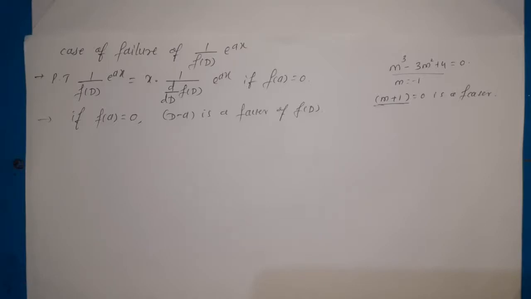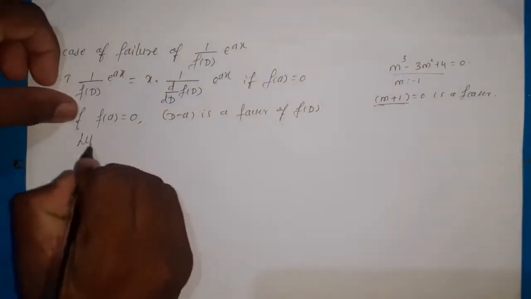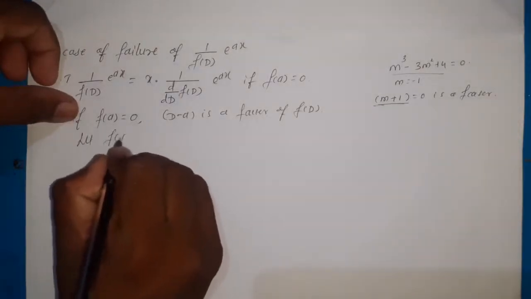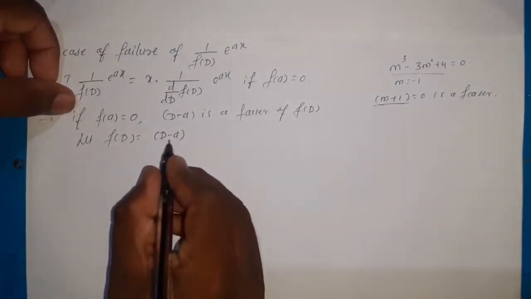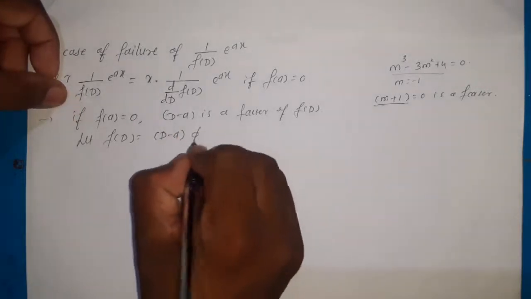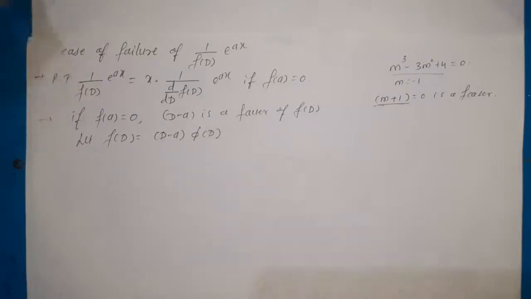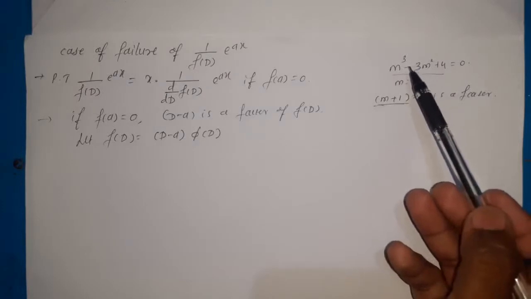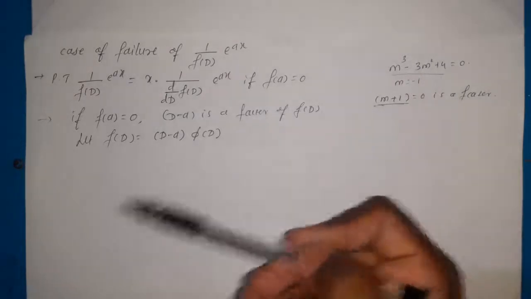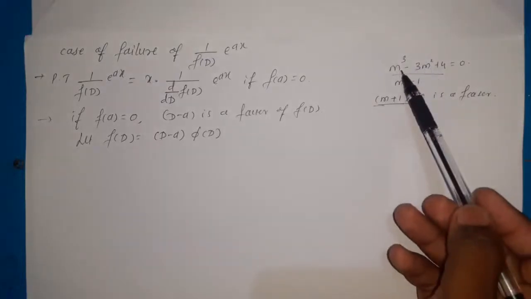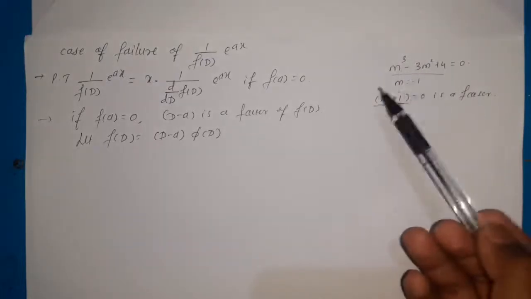Then f of D can be written as D minus a, a factor, and the remaining function is phi of D, because if the order of the equation is 3 and you take one factor outside, then the order of the equation will reduce by 1.